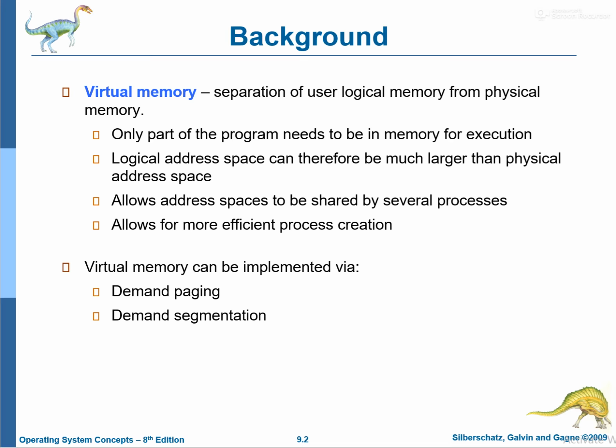It will also allow for more efficient process creation. In this chapter we will discuss how to implement virtual memory. Virtual memory can be implemented using two schemes: one is demand paging, another one is demand segmentation.